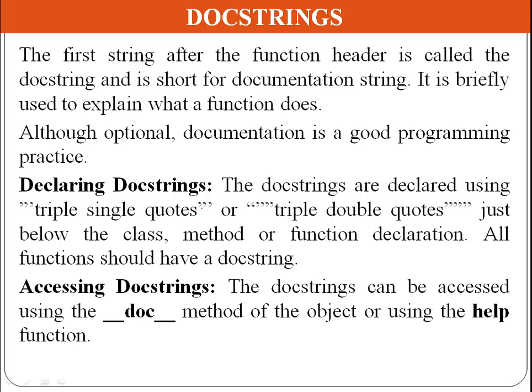All the functions should have, I am not saying must have, but should have, it is advisable. How can you access this? Basically this is a help, right? The doc strings can be accessed by using the double underscore doc double underscore attribute of the object, or using the help function. Here we can see, so this is the doc string, right?